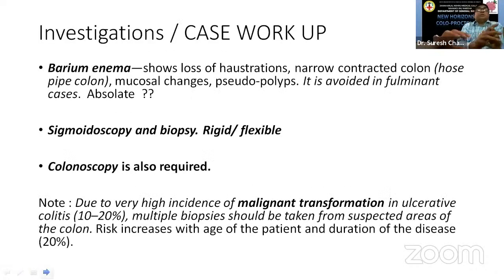Now investigation: barium enema. Now in tertiary centers all advanced investigations are available, but plain X-ray abdomen you can go for. Any acute abdomen, I tell my juniors and whosoever, don't send this patient directly for ultrasound. Get a plain X-ray abdomen.